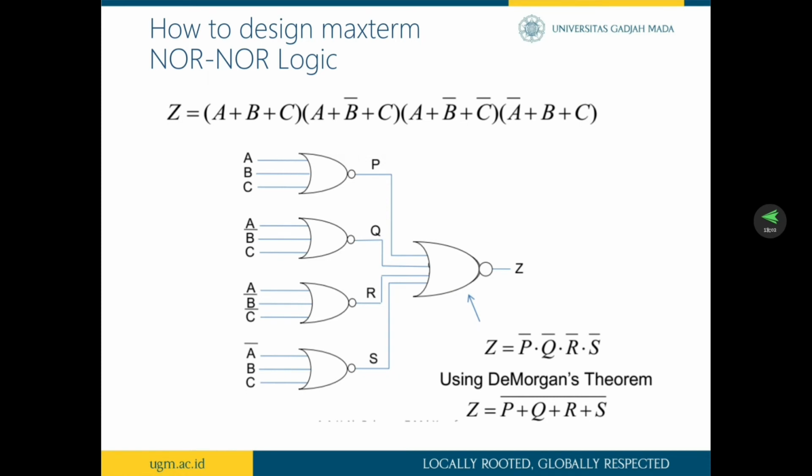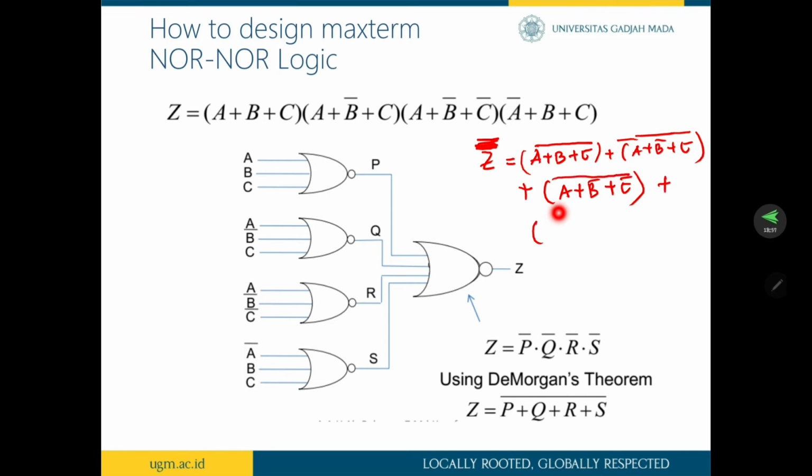Okay, using the De Morgan theorem too, if we have Z with a not twice in here, so if we write Z as A plus B, the first not in here, A B plus C not, plus A plus B not C not, plus A plus B not plus C not, plus A not plus B plus C, and then not.